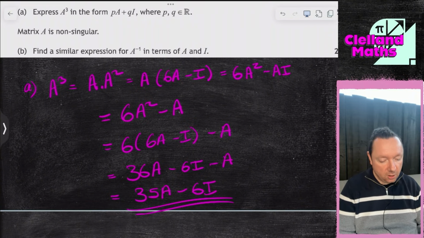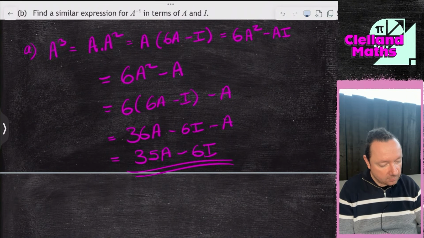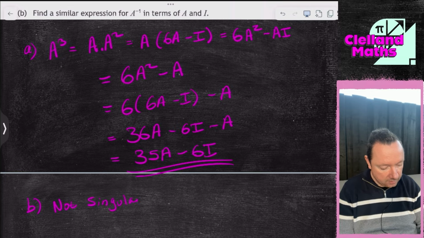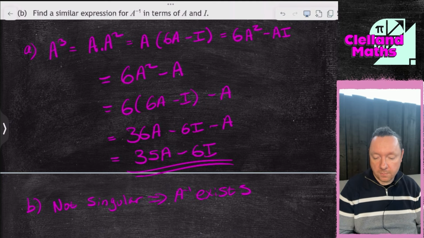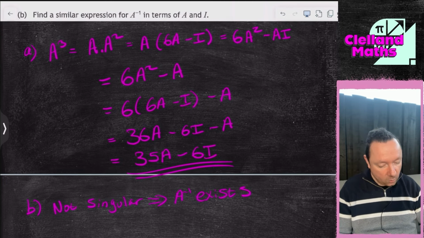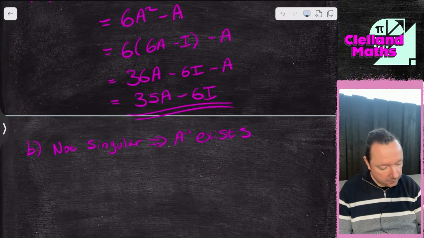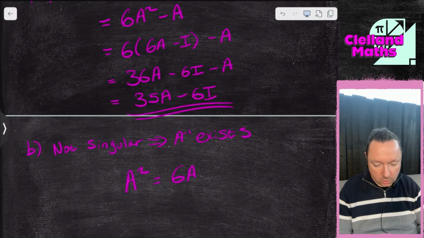Matrix A is not singular. Find an expression for A inverse in terms of A and I. So not singular means that A inverse exists. Now what's the determinant? It's not equal to 0. So A squared is 6A minus I. And I want to try and get the inverse.